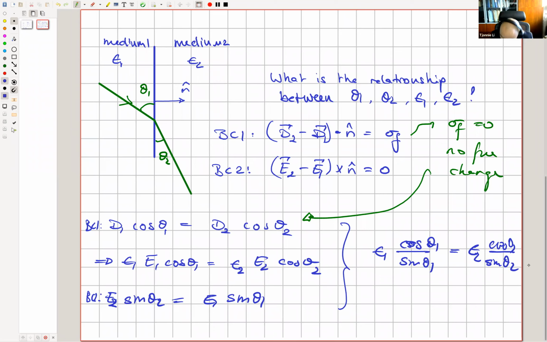Or, if you want to rewrite this, epsilon 1 over epsilon 2 equals, moving this one over to that side, tangent theta 1 over tangent theta 2.